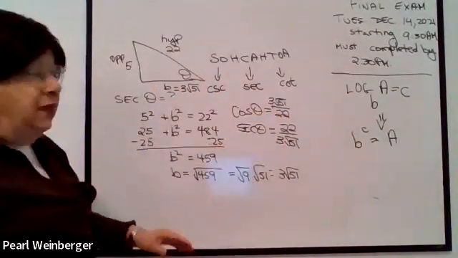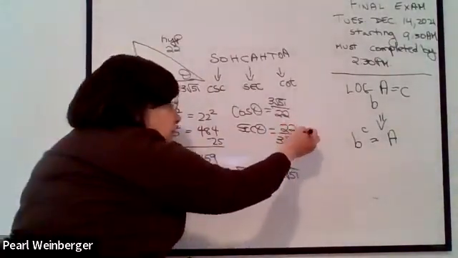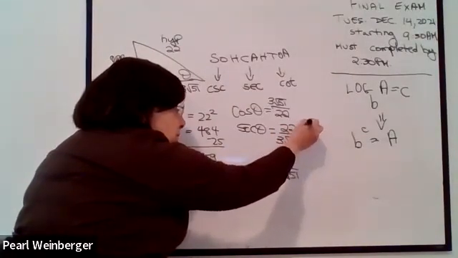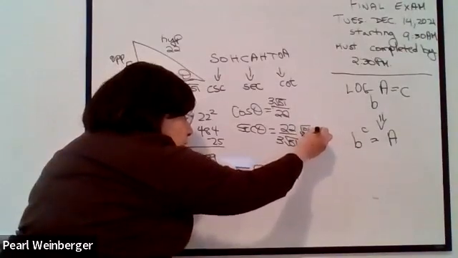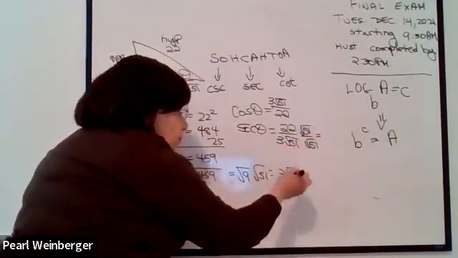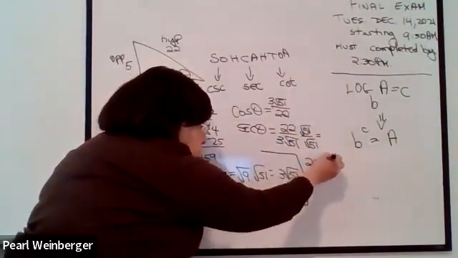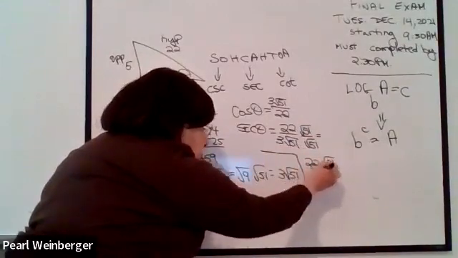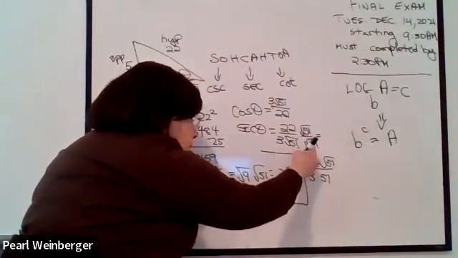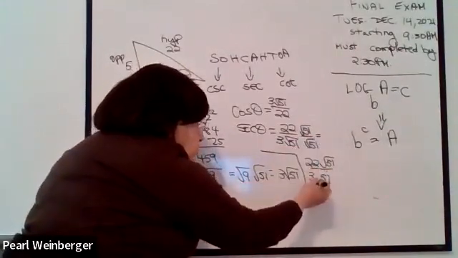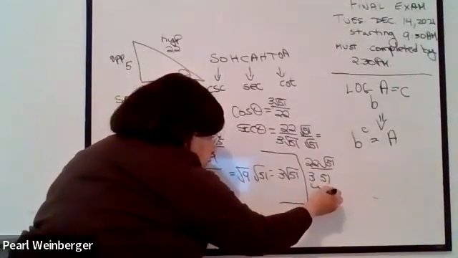The problem with this is that we have a radical on the bottom, so we have to rationalize the denominator by multiplying by the square root of 51 over the square root of 51, which gives me 22 radical 51 over, well, this is 3 times 51, because the square root of 51 times the square root of 51 is 51, which is 153.